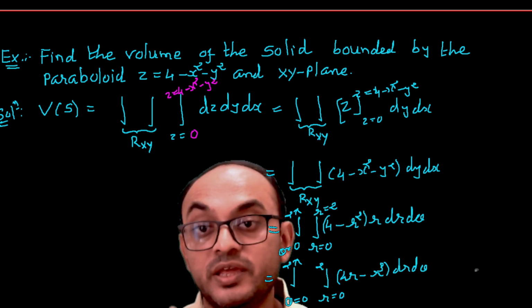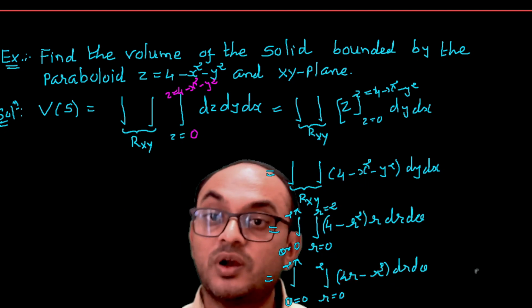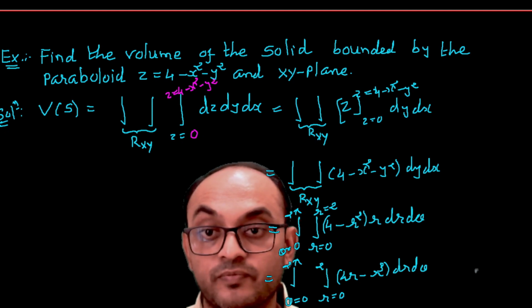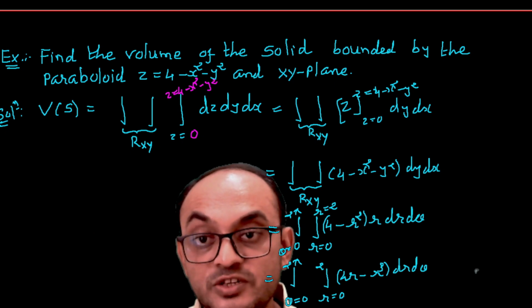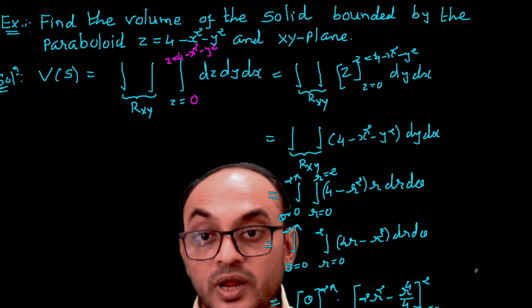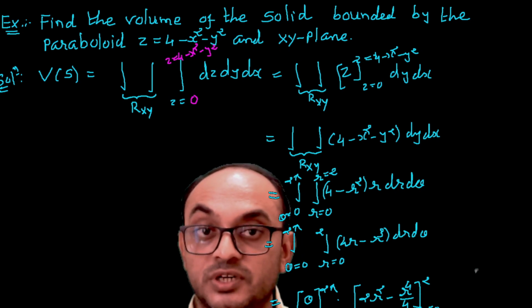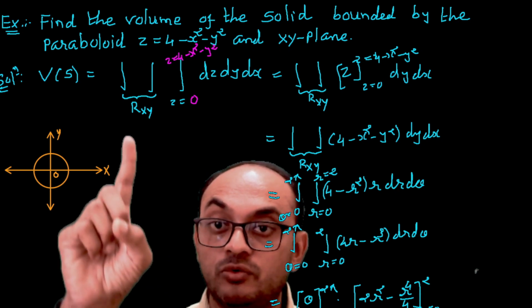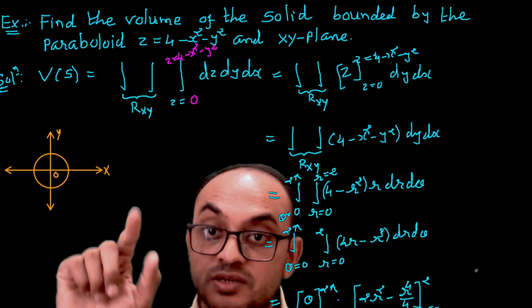Here you may have one question: what happens if I write the limits of z, y and x at the same time? So let me explain that situation also. Could you visualize what the projection on the xy plane was? This was the projection, right? Now I have to write all these three limits in terms of x, y and z.